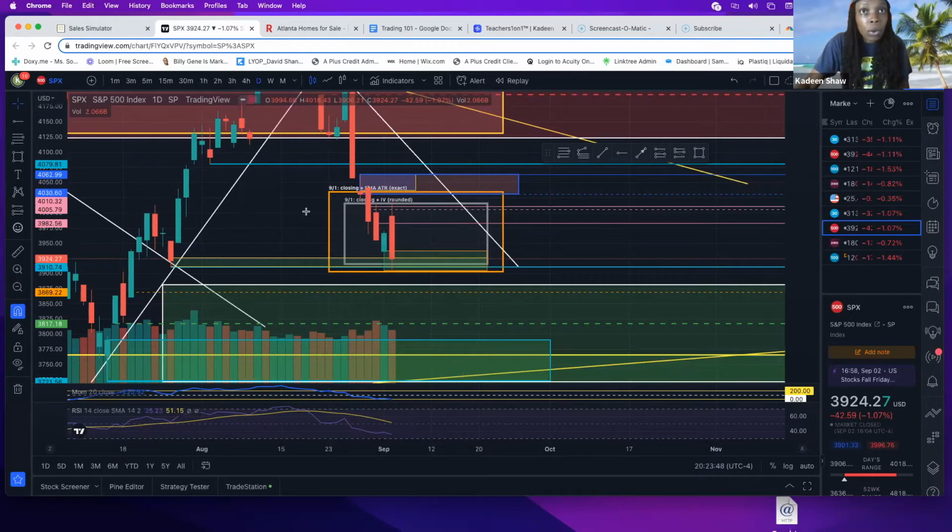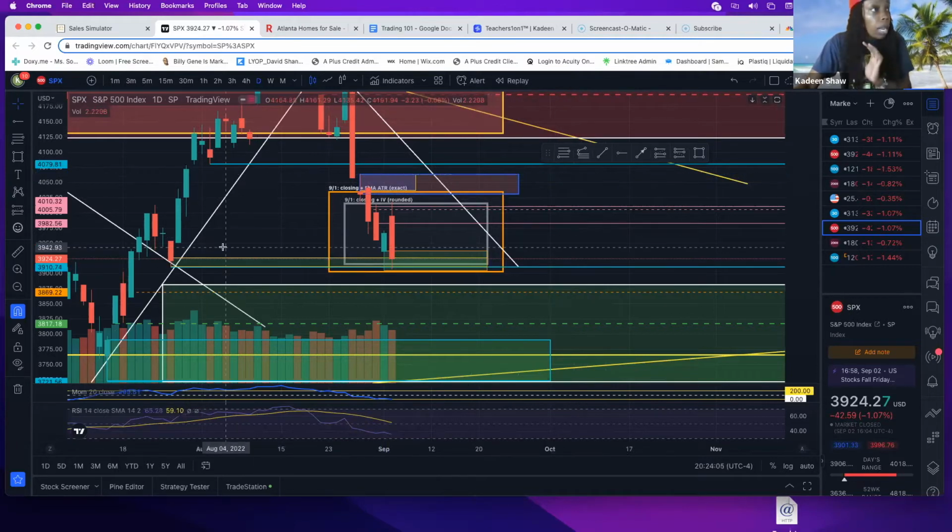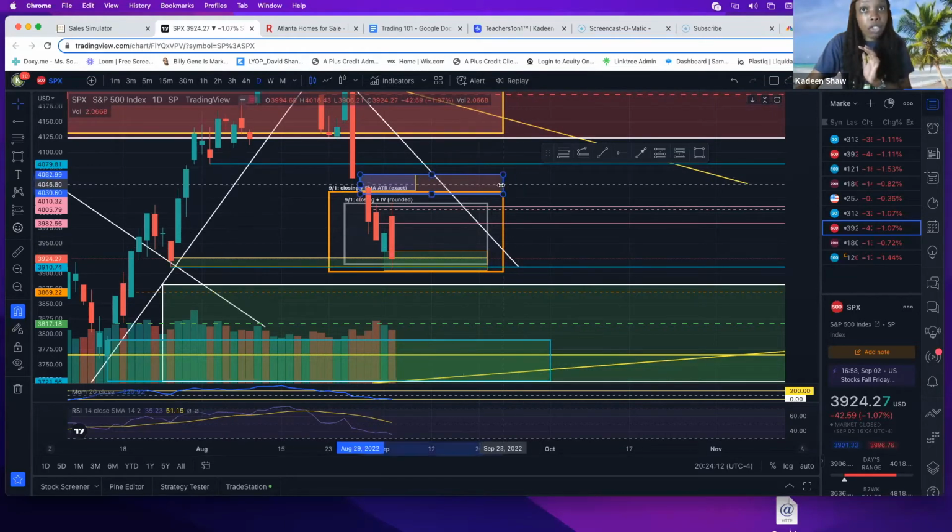If I have the magnet on, the magnet will even snap your box to the base, high, open, high, low. That way you know you're in the right place. Then I can just delete my lines, and it won't be in the corner anymore. Did that make sense? So that's how I get my boxes and draw them.